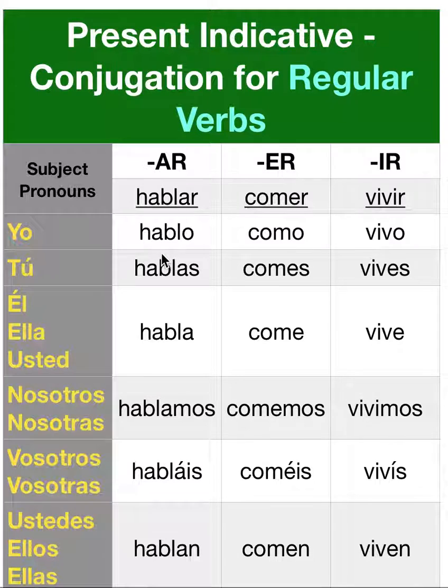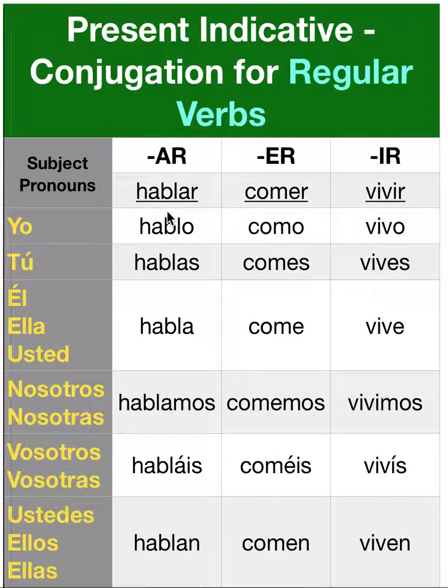Before that, let's say the conjugation for the three examples once again. Yo hablo, tú hablas, él habla, ella habla, usted habla, nosotros hablamos, nosotras hablamos, vosotros habláis, vosotras habláis, ustedes hablan, ellos hablan, ellas hablan. That's for the AR verb, hablar. And we have comer, a regular ER verb.